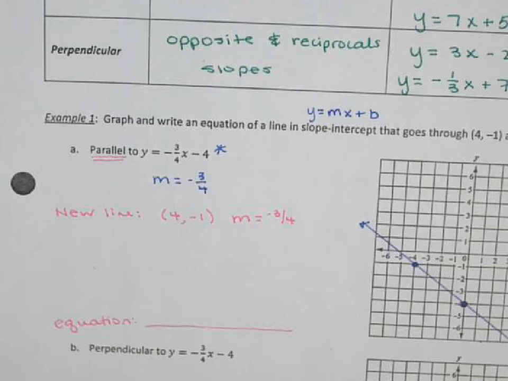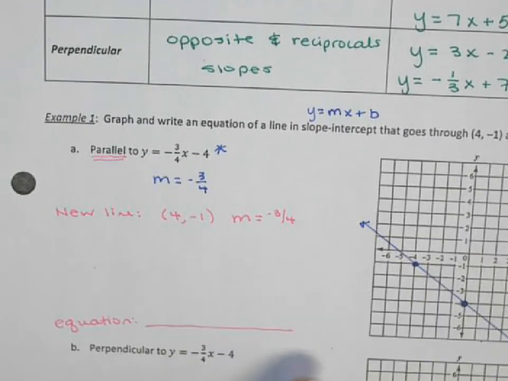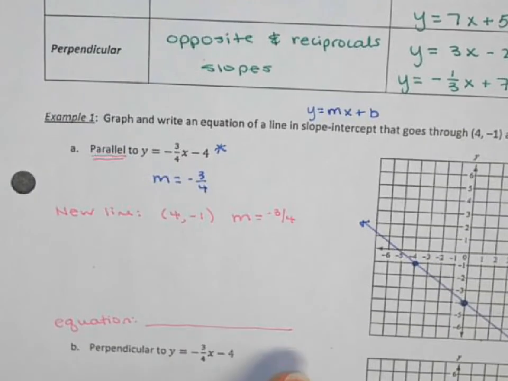You can change things to standard form, but it's very hard to write in standard form initially. Slope-intercept would be tricky here because we don't have a y-intercept. The only one we have left is what? Point slope form. Wait, what do we have? A point and a slope. Wouldn't it make sense that point slope form should be pretty easy to write if we're given a point and a slope?